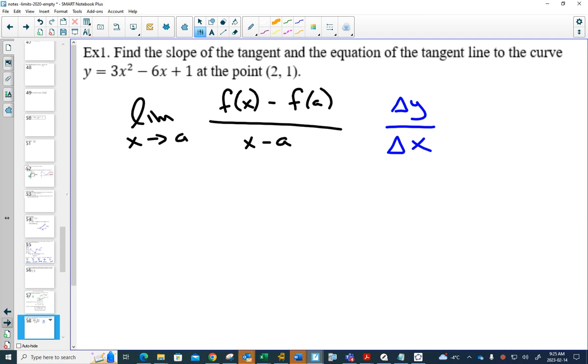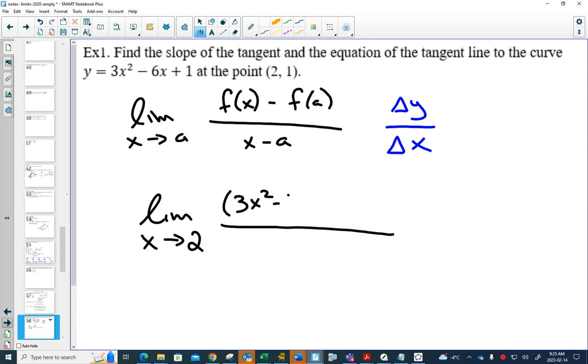In our question, what do we have? Our a value, we want to find it when the x value is 2. f of x happens to be 3x squared minus 6x plus 1, minus f of a happens to be 1, divided by x minus 2.